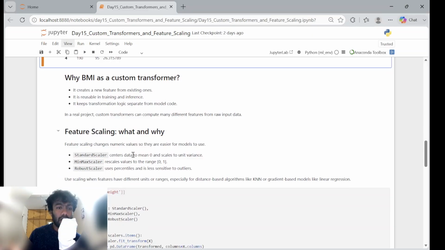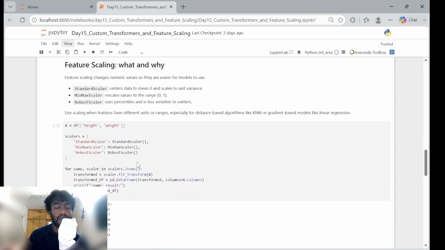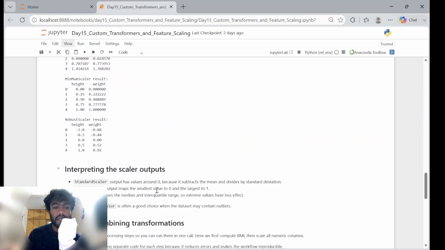Next is feature scaling. There are three different techniques: standard scaler, min max scaler, and robust scaler. In the case of standard scaler, the way it is calculated is that the value is subtracted with the mean and divided by the standard deviation.